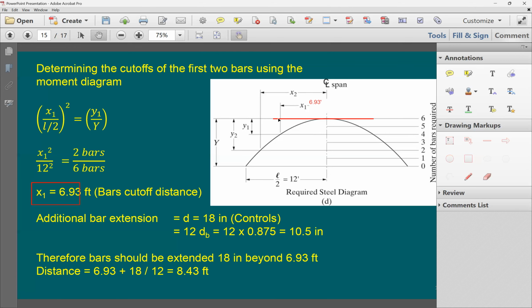Beyond that, you extend it by 18 inches. So 18 divided by 12 is going to be 1.5 feet, plus 6.93 is going to be 8.43. I'm going to say maybe about 8.5. Therefore, the length from this point to this end is going to be a good number that I can use in my design. It's going to be 8.5 feet.